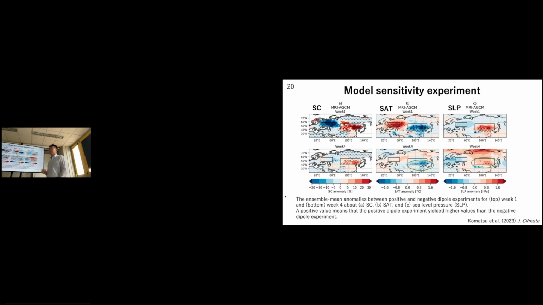In week 4, we found larger anomalies over the western part of Eurasia. This is consistent with the causal analysis. So we believe that these snow initial conditions have some impact on the surface temperature over these regions.